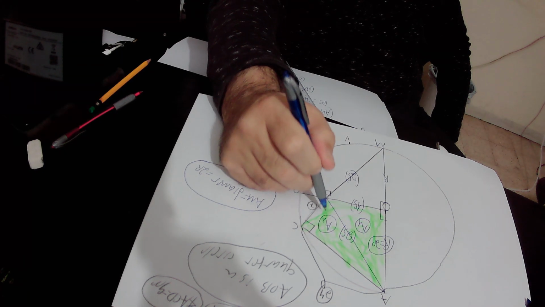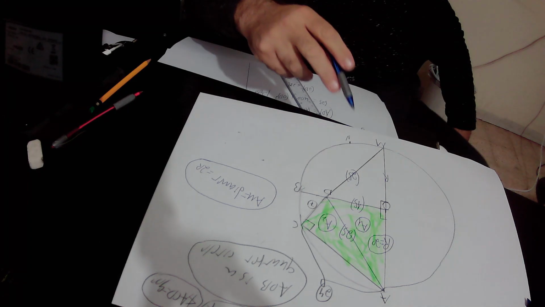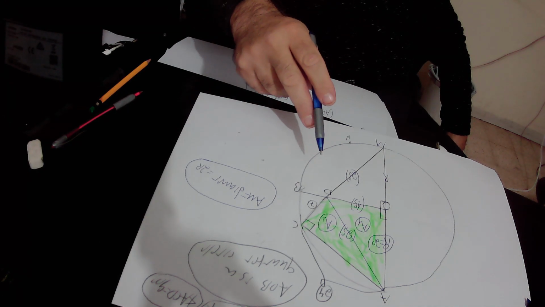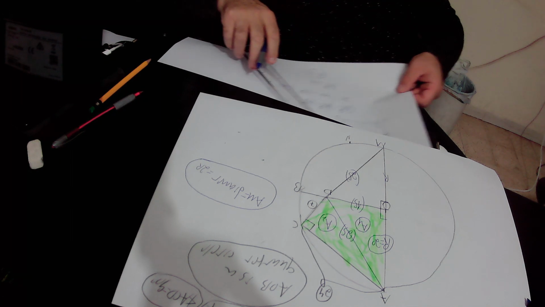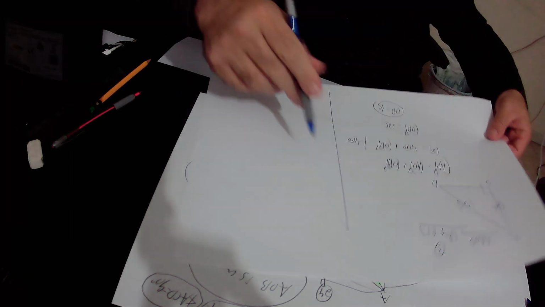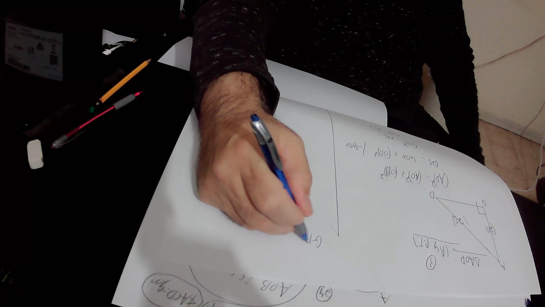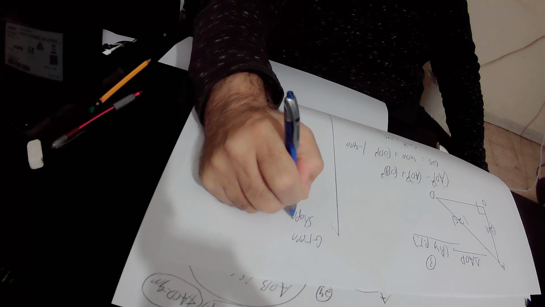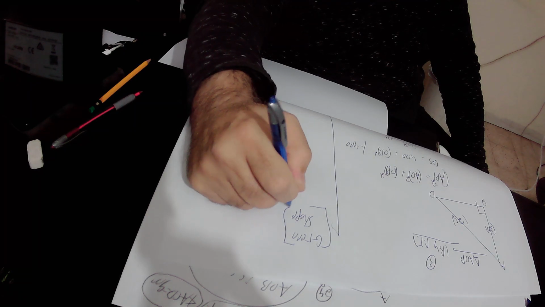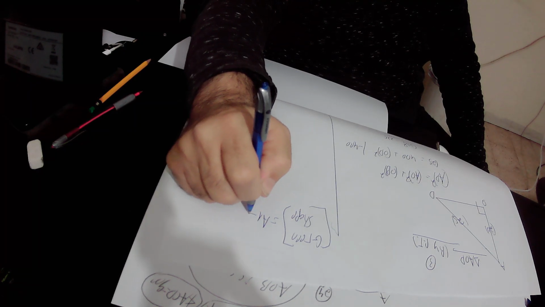It is obvious that A1 plus A2 in total will be exactly the area of the green shape. Okay, so I'll write it down: the area of the green shape in total will be equal to A1 plus A2.